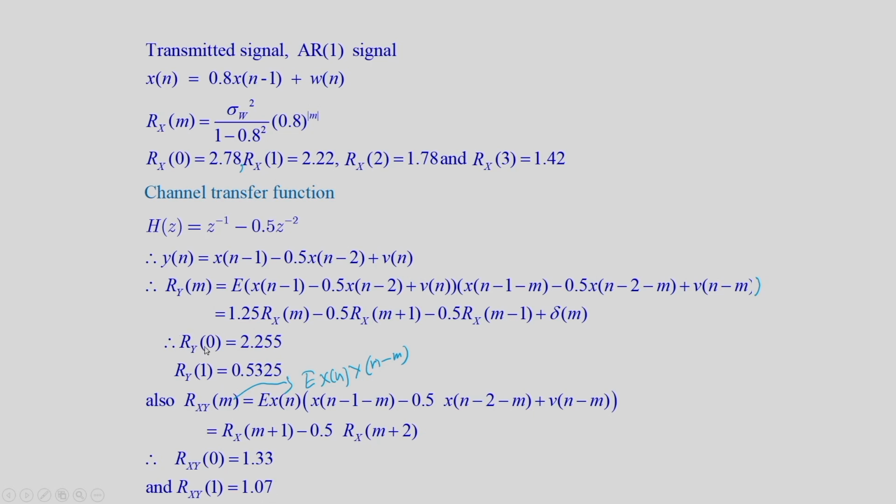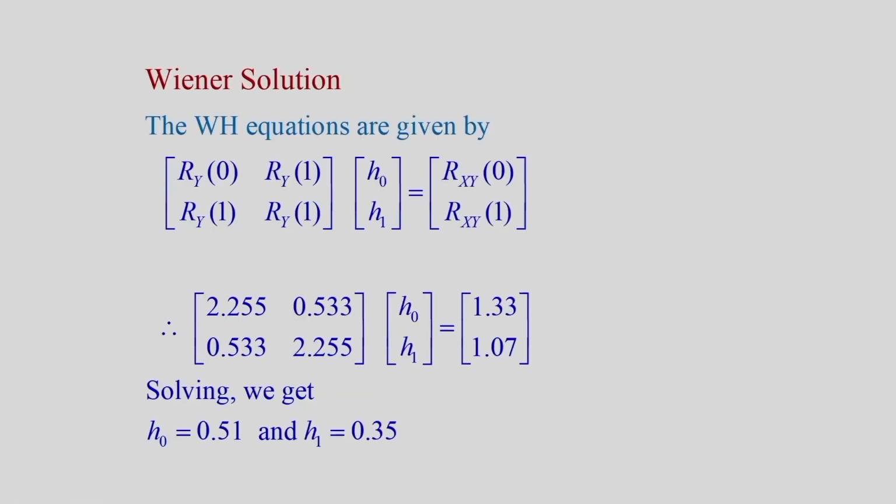We have here Ry of 0 is equal to 2.255, Ry of 1 is equal to 0.5325. So we have the autocorrelation and cross correlation values, and we can solve the Wiener-Hopf equation. Therefore, the Wiener-Hopf equations are given by this autocorrelation matrix comprising of Ry0, Ry1, Ry1, Ry0 multiplied by the coefficient vector H0, H1 is equal to the cross correlation vector, that is Rxy0, Rxy1.